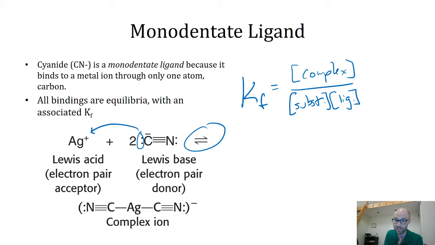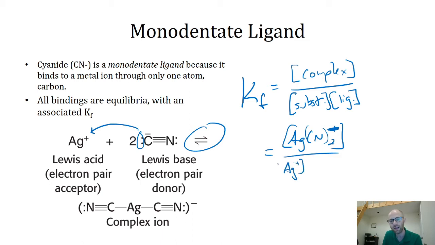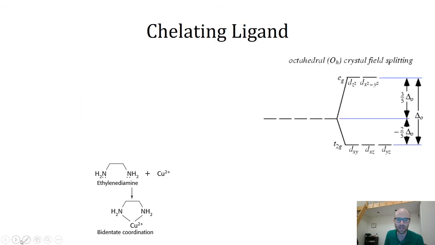So there's going to be some of all three of these substances, and in this case this would be the Ag(CN)2 minus concentration over silver plus, times the free cyanide concentration squared. And then you could go through and solve for the math if you had the right value to actually solve that problem.